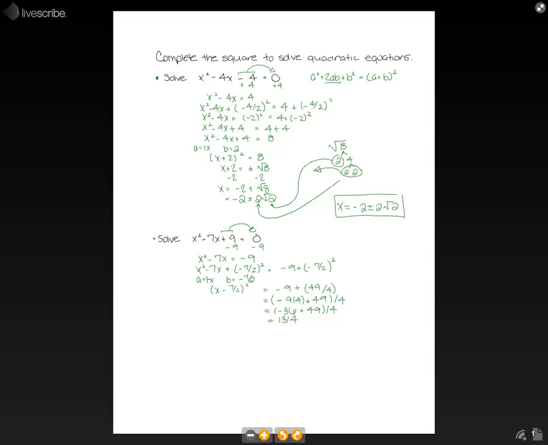We still have that squared term on the left-hand side, so just like before, we're going to take the square root of both sides, giving us x minus 7 over 2 equals plus or minus the square root of 13 over 4.